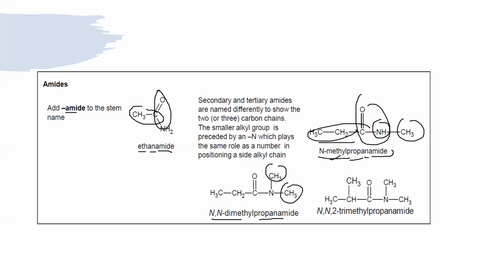But in this case, for the main chain, there is also a direct branch. So N position, and then there is also the second position, trimethyl, because three methyl branches are there, and the main chain is having three carbons, so it will be propane amide.